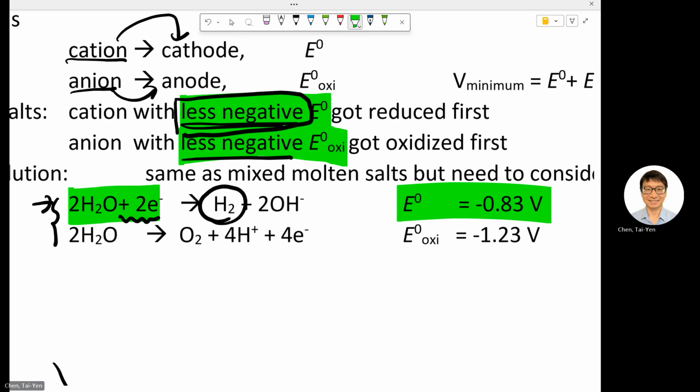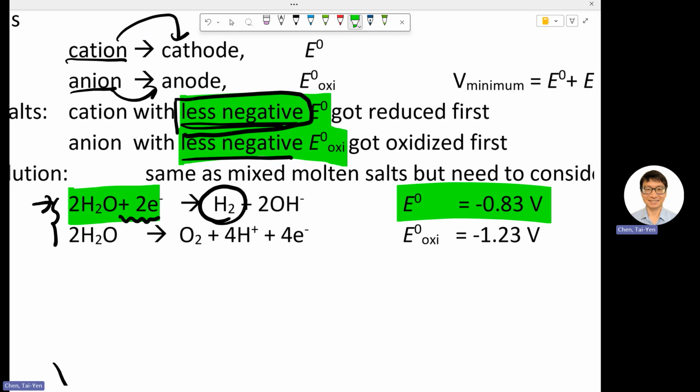If you follow that line, when you read the question, it's very easy to see the answer. On the other hand, if today I'm asking what product is going to form first on the anode, then the thing you should have in mind is that since we're talking about the anode, LOA, it's the species that can undergo an oxidation reaction. Okay, there's an anion that you care about.